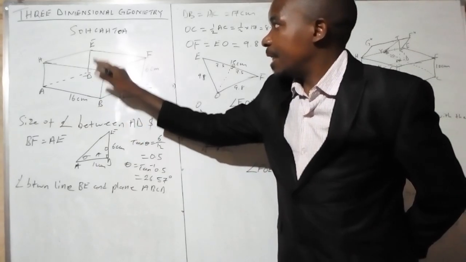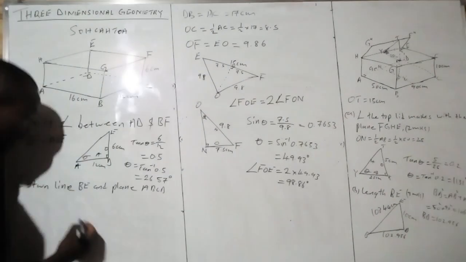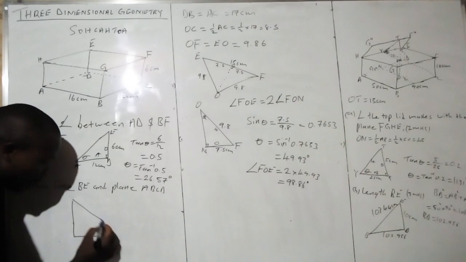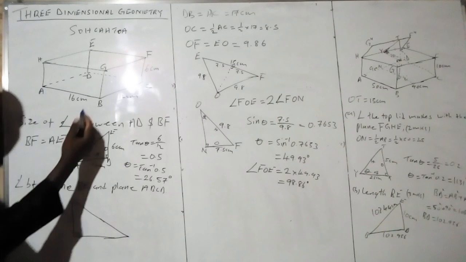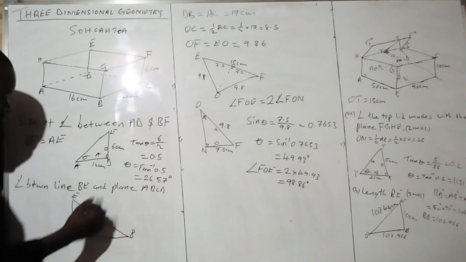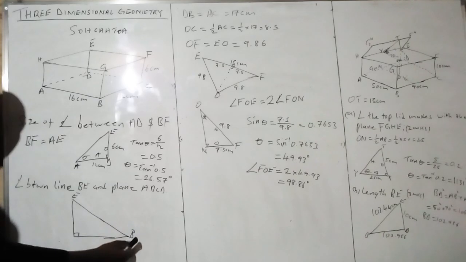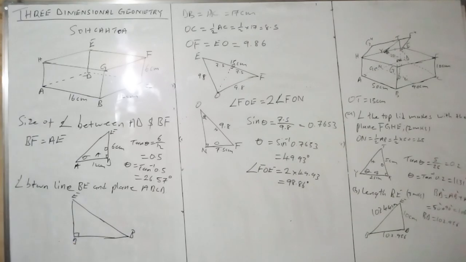That's why I'm going to extrapolate. This angle is 90. BE, this is B, then E is here. The sun is here, so it means the shadow will fall in between BD and DE. So all this information should not confuse you.